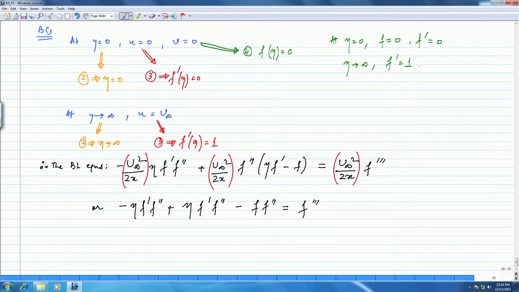So you can see here that the first two terms cancel each other out. What we are left with is f triple dash minus f f double dash is equal to 0.